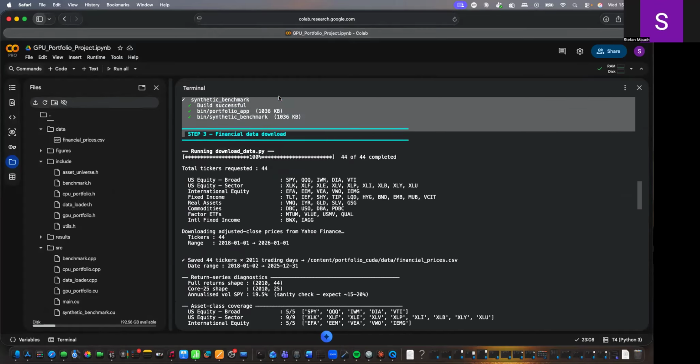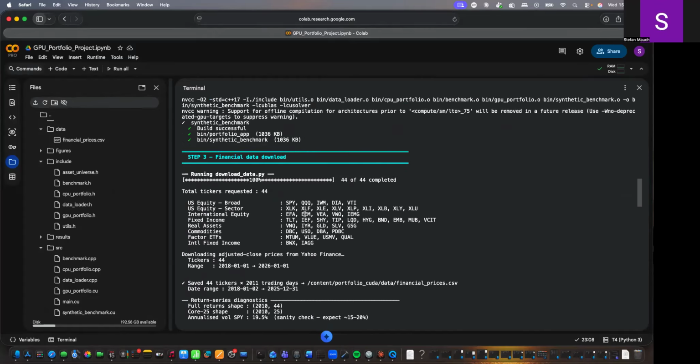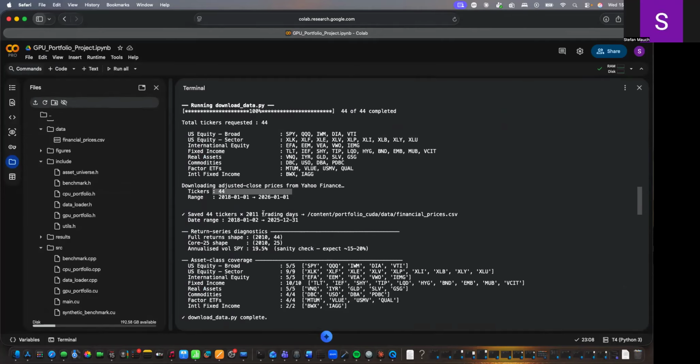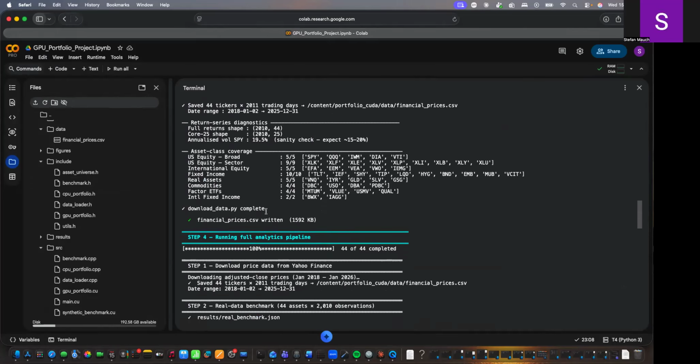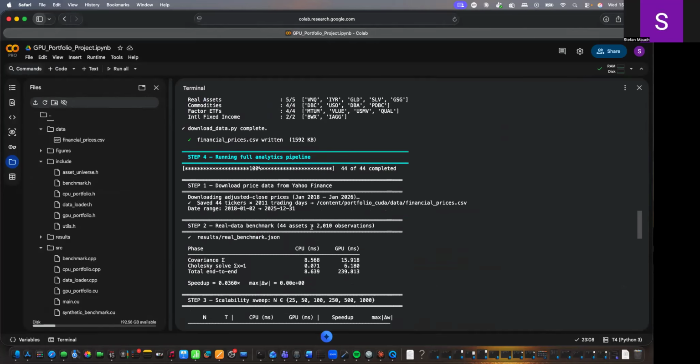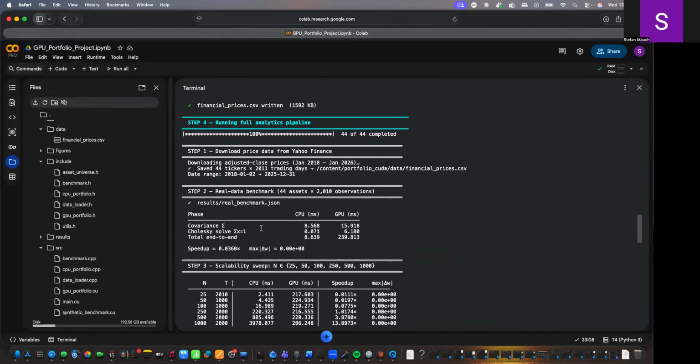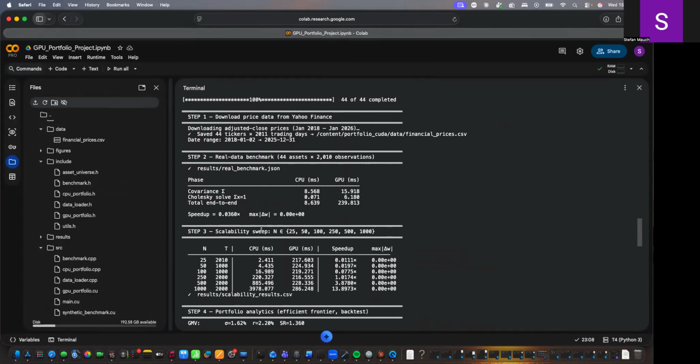In the next step, we pull the financial data from Yahoo Finance by asset class. So these are the tickers by asset class. This is the time period. And this is the full analytics pipeline. So you see the runtimes compared to each other, the total runtime, then by compute, covariance, GPU versus CPU.